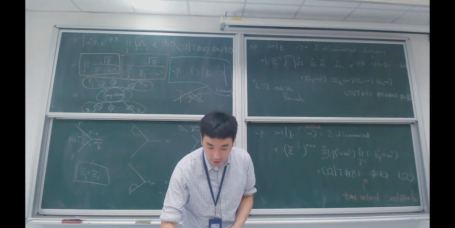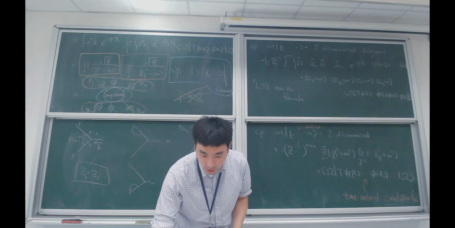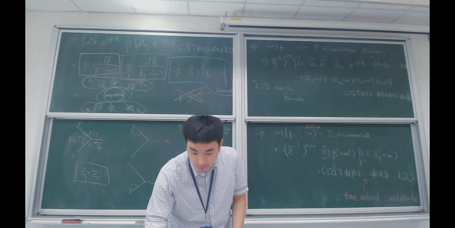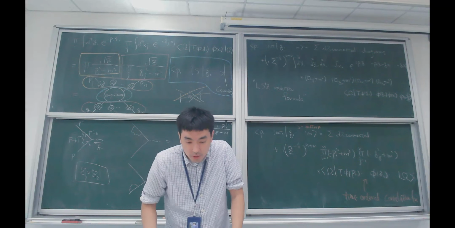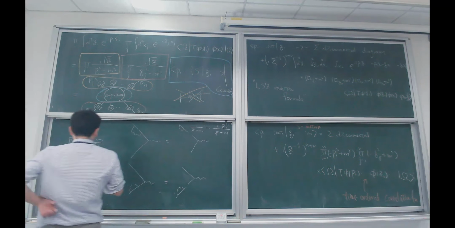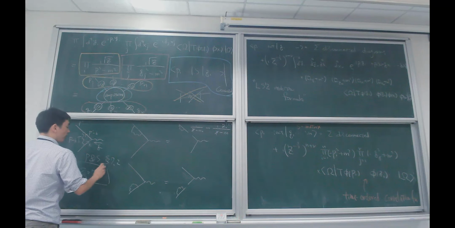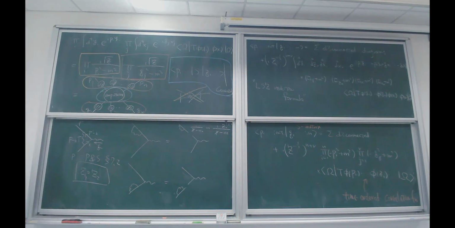But I'm not going to explain it because I already showed it by using the end of section 7.2. Okay, Peskin and Schroeder. If you're interested, in section 7.2 at the end, by using LSZ, they argue Z1 should be equal to Z2.